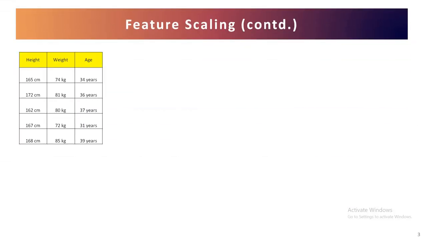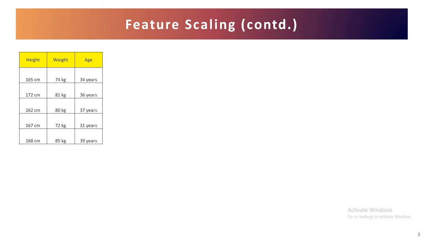Let's say we have a data set that has three features: height, weight and age. Here, our aim is to find out the age of a person based on the height and weight provided. As you can see, we have three different features and all of them have different measuring units.